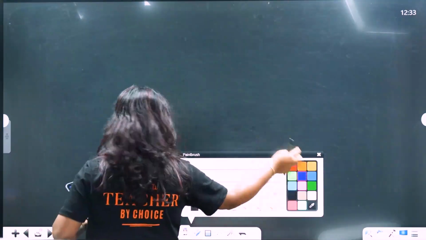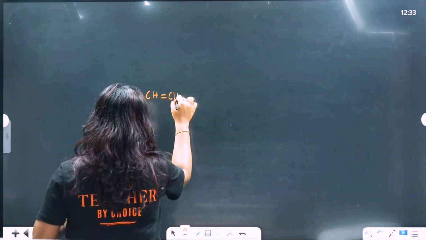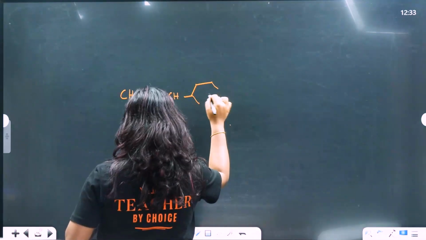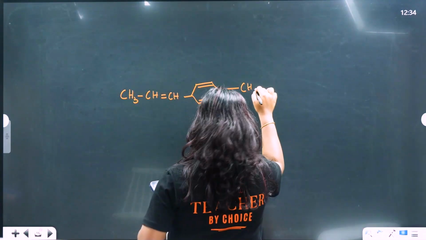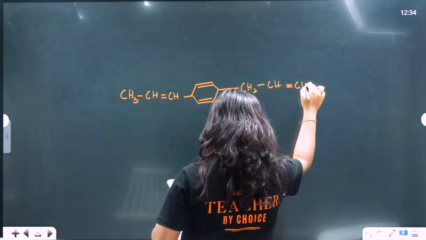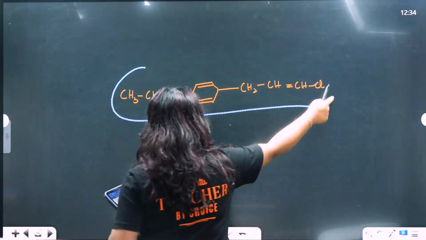Now I'll give you another example also here. Find out the number of stereogenic centers in this particular compound.